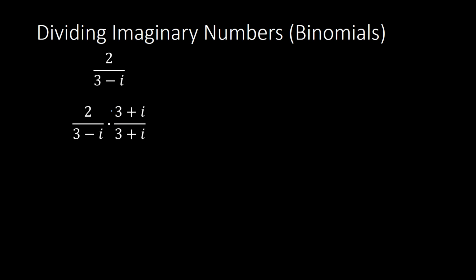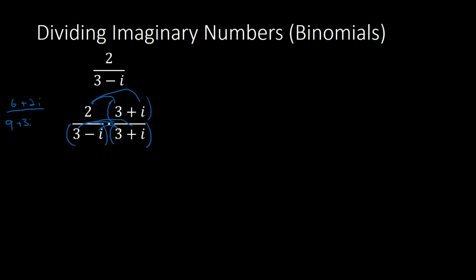So for the numerator, if I take 2 times 3 plus i, I get 2 times 3, and then 2 times i, which gives me a 6 plus 2i. And then the denominator, I have 3 minus i times 3 plus i. 3 times 3 is 9. 3 times i gives me 3i.